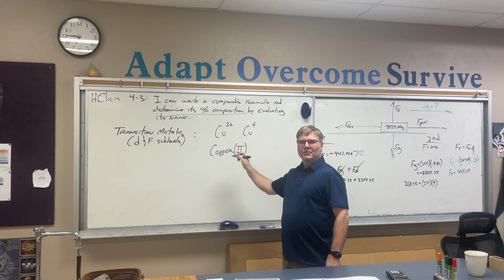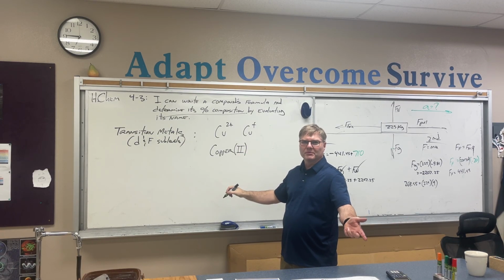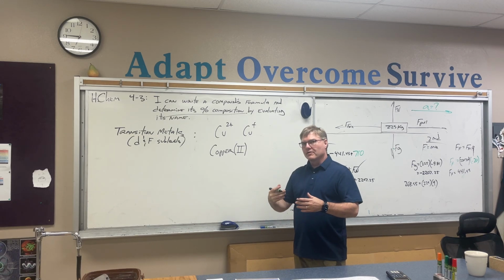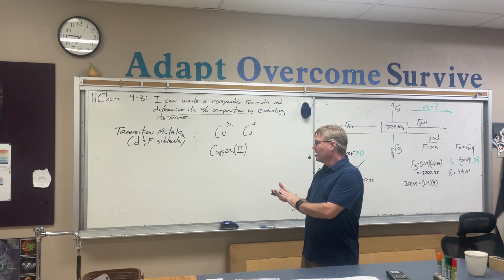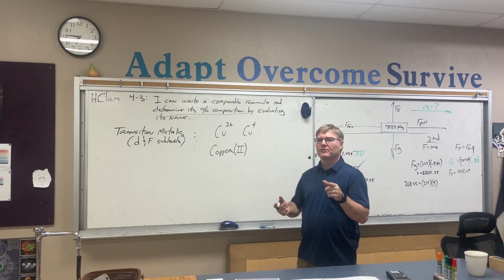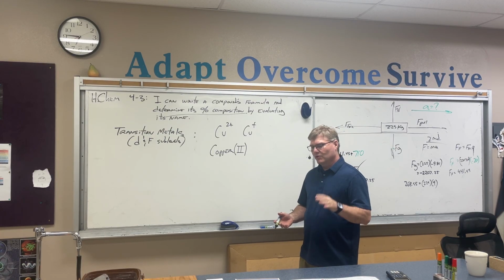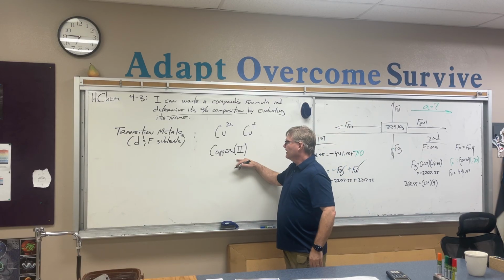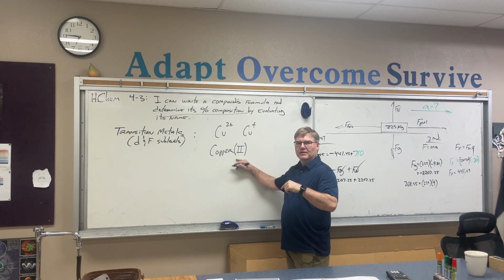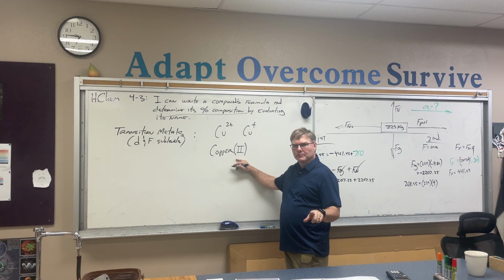I told you that parentheses were used for other reasons besides more than one of these polyatomic ions, and here's one of those areas. There are yet other places where parentheses will pop in, and we'll deal with those later. But for now, this is the official name of that ion. You would pronounce this as copper 2. You don't say copper parenthesis Roman numeral 2.